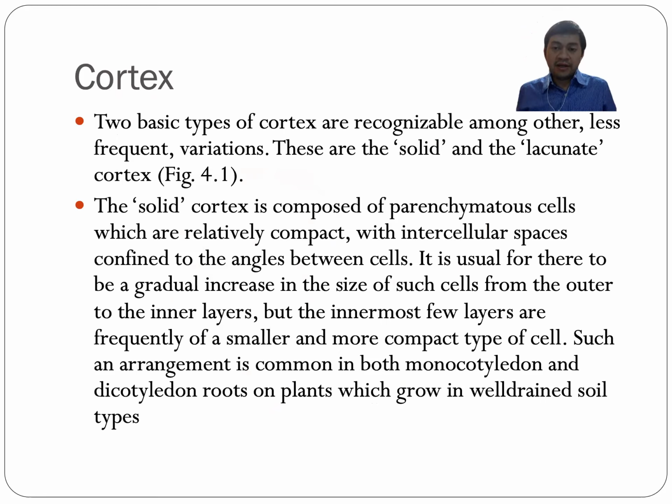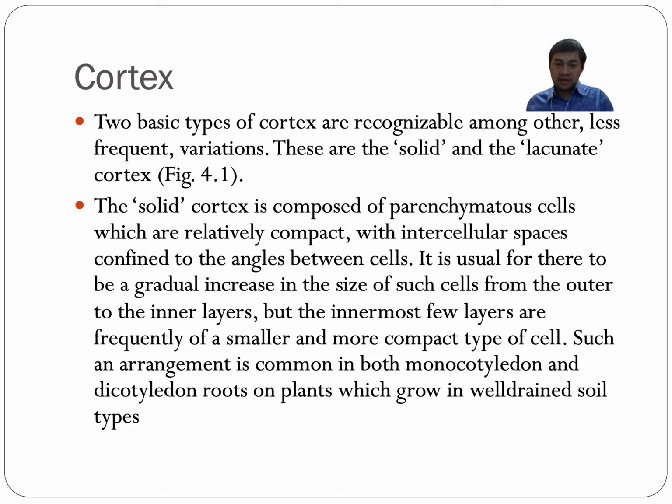Okay, and then the next one is the cortex. There are two basic types of cortex, recognizable among other less frequent variations, and these are the solid and the lacunate cortex. The solid one is composed of parenchymatous cells, which are relatively compact, with the intercellular spaces confined to the angles between cells.